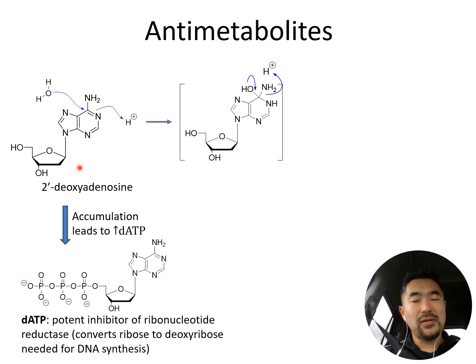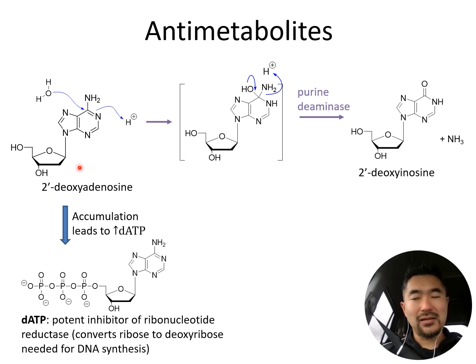And the way that happens, you might recall talking about this back when we talked about the natural degradation mechanism that happens on nucleobases. They can get hydrolyzed going through an aminal intermediate, and then it can become deoxyinosine.